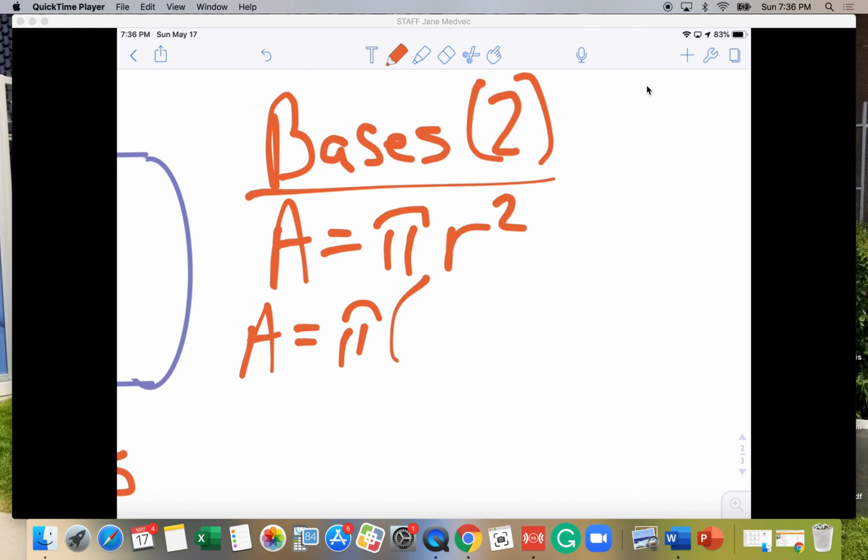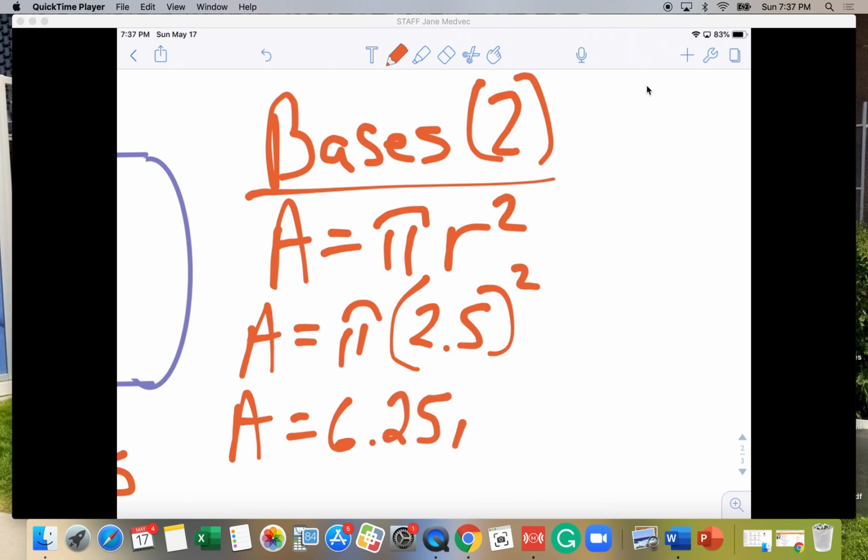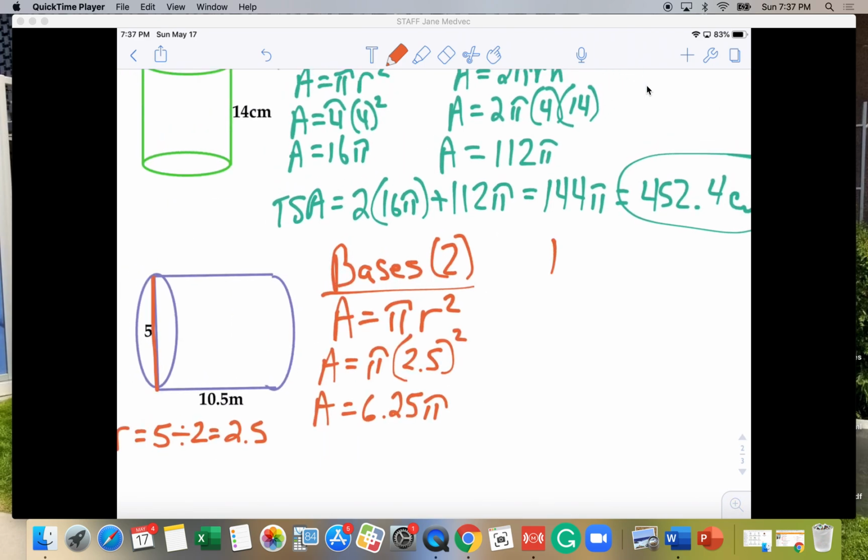So pi times 2.5 squared, area equals, so go ahead and take your 2.5 and square it, and you end up with 6.25 pi. Now the middle or the lateral area is the circumference, 2 pi r, times the height.